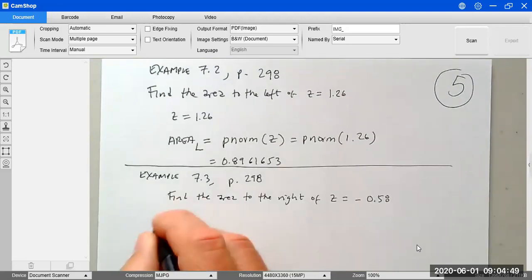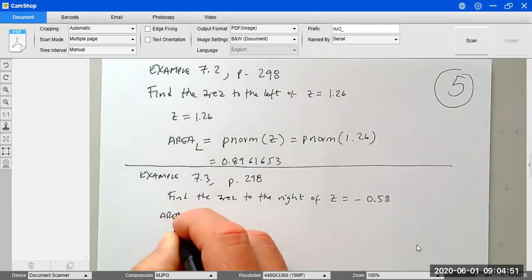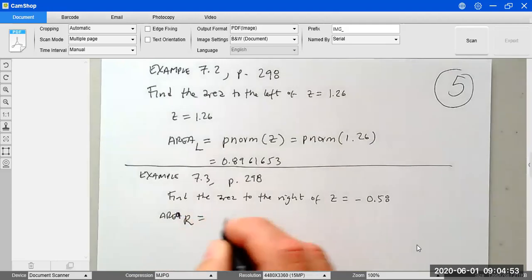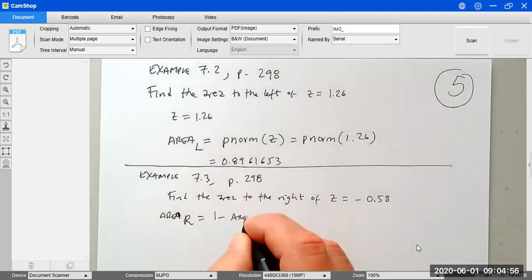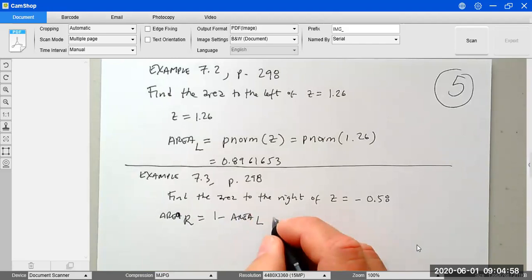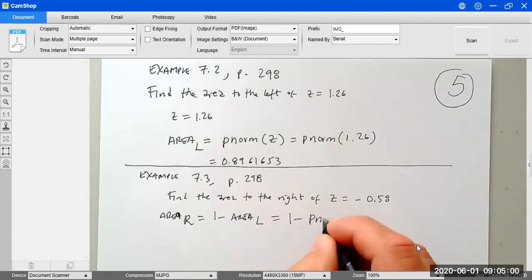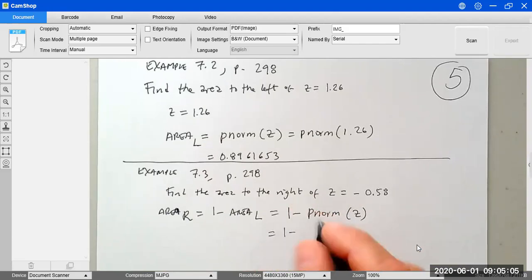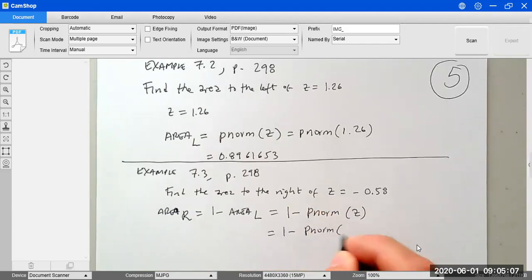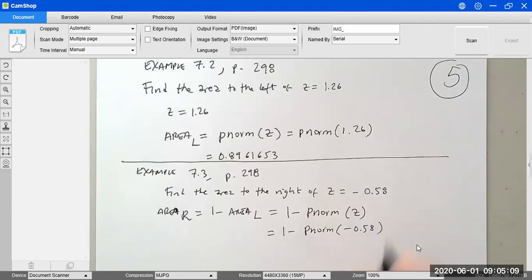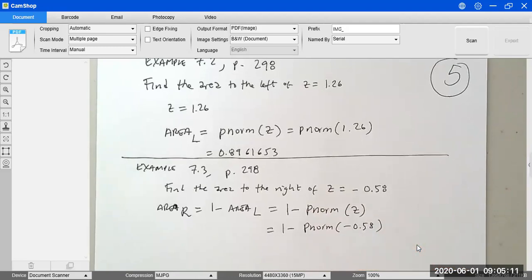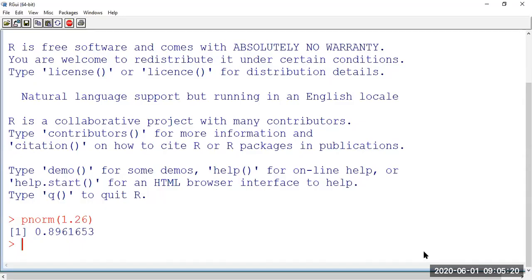We know that the area to the right is going to be 1 minus the area to the left, so it's going to be 1 minus pnorm of the z value that is given. In this case it's 1 minus pnorm of negative 0.58. So that's what we're going to do now. Again, we need to use R, your Texas Instruments TI-83/84, or tables.